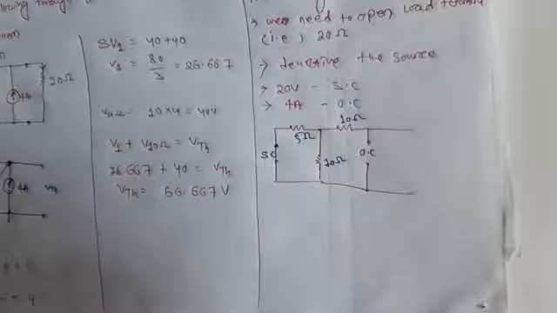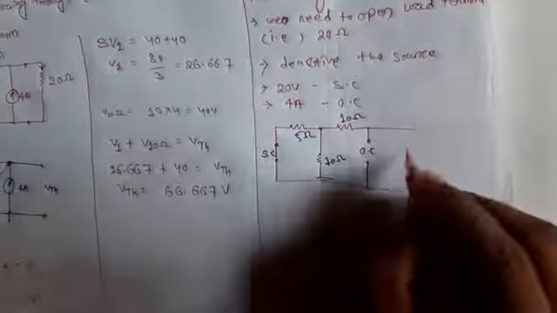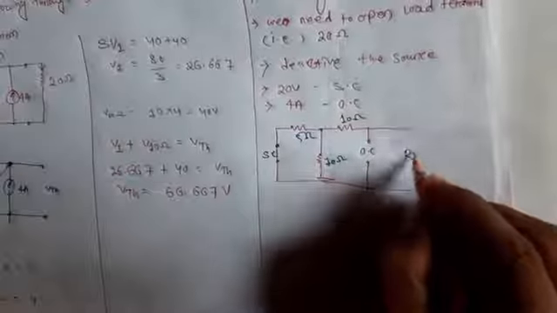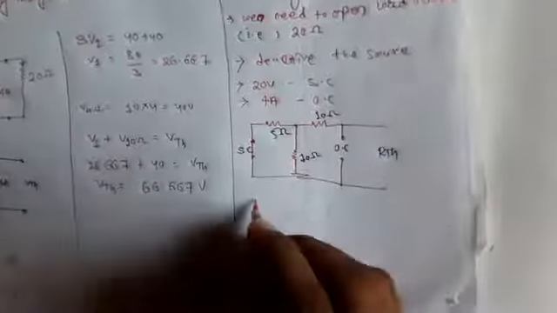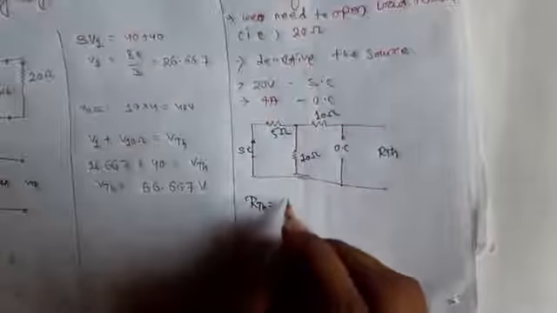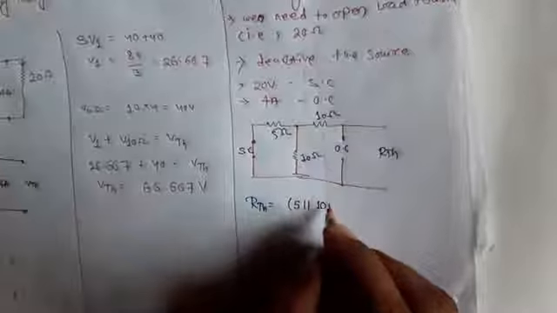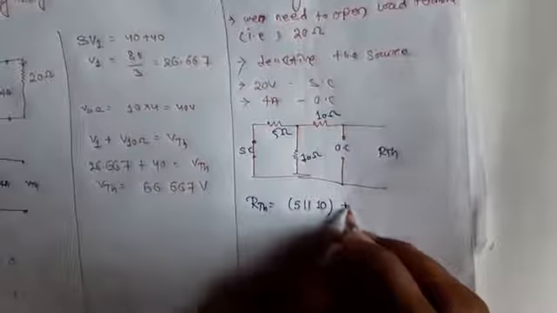Here we consider the 5 ohm and 10 ohm in parallel. RTH is equal to 5 parallel with 10, plus 10 ohm.